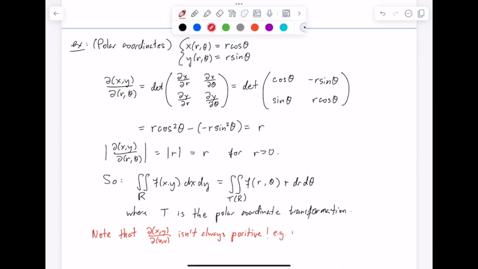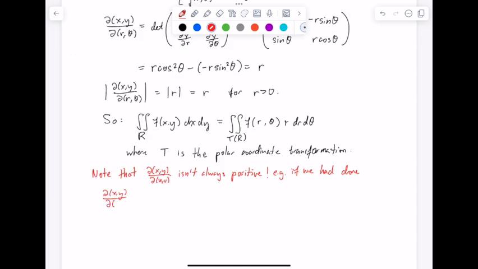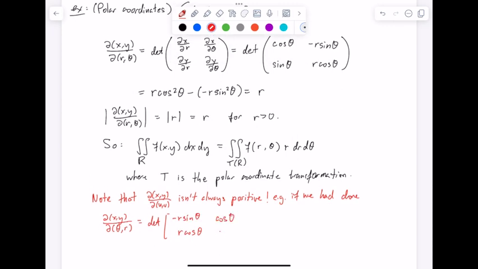In fact, in the example above, had we just switched the columns and done the partial of theta first in the first column and then partial with respect to r in the second column, we'll see that the determinant, or the Jacobian, is going to be minus r. And so to get the correct formula, you'll need to remember to put the absolute value on that and make it positive.